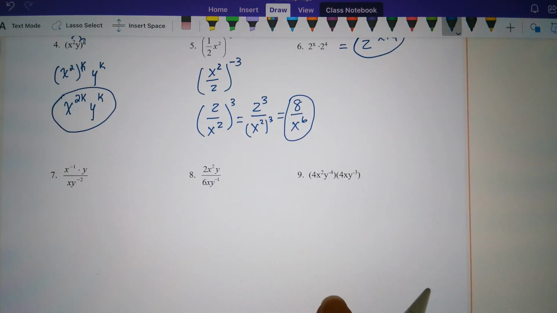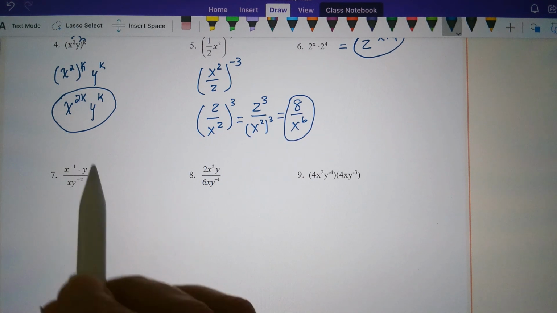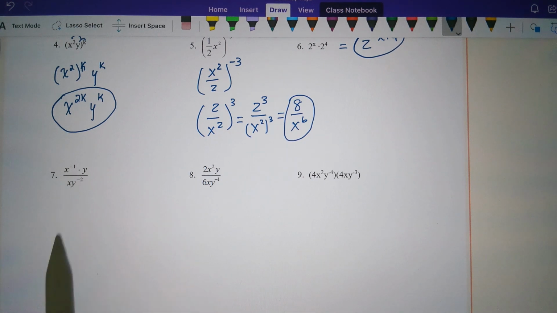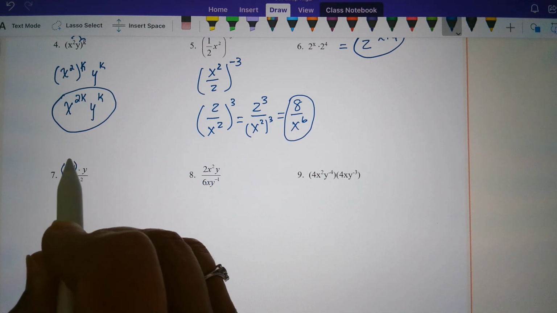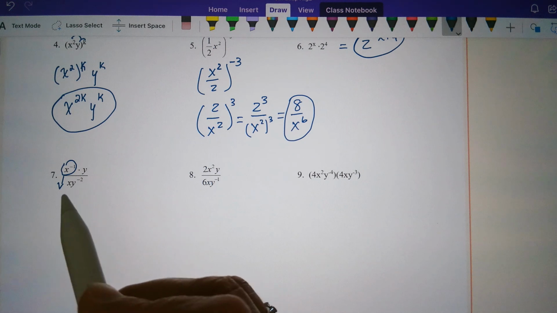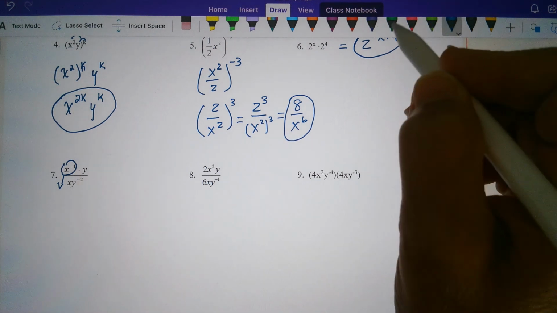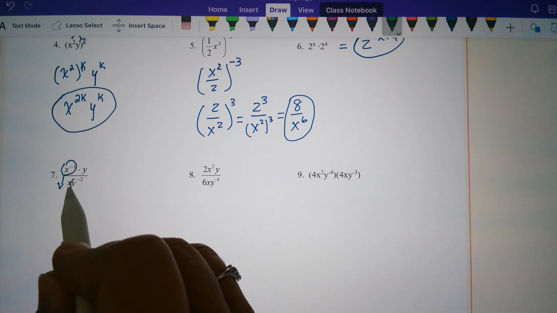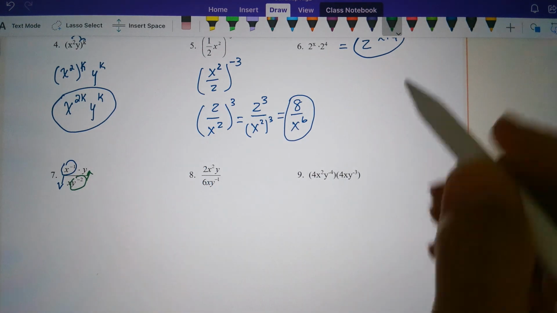And our last group of 3, x to the negative 1 times y. Well, there's nothing to do in the numerator, nothing to do in the denominator, so I'm going to move things around, right? This is going to go down to the denominator with a positive exponent, and the y to the negative 2, I'll move up to the numerator with a positive exponent.